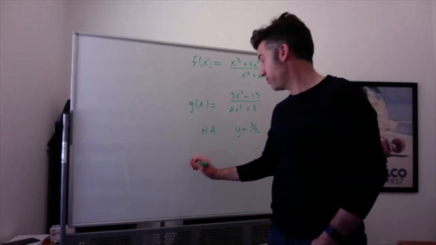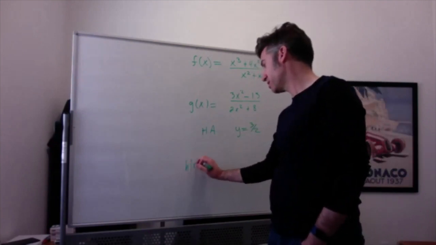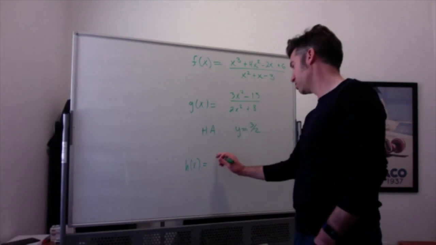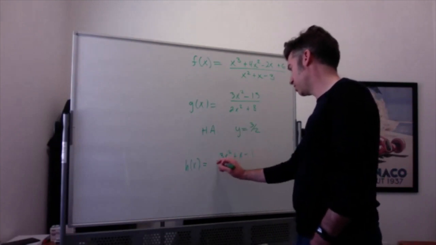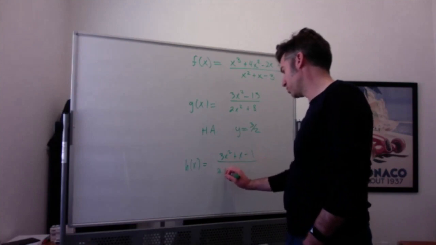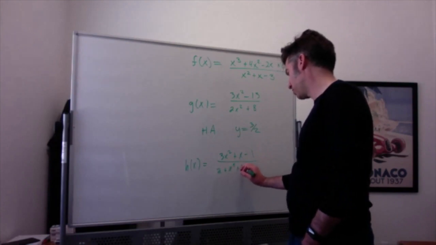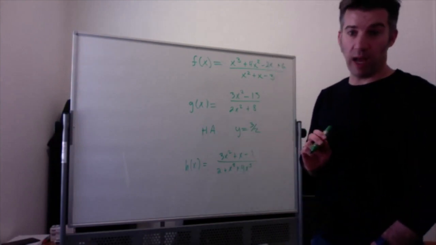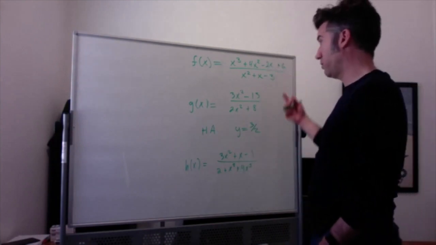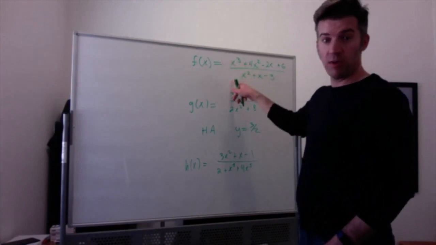In a similar way, h of x equal to 3x squared plus x minus 1 over 2 plus x squared plus 4x to the 5th. Again, these are all rational functions because they're all polynomials divided by other polynomials.